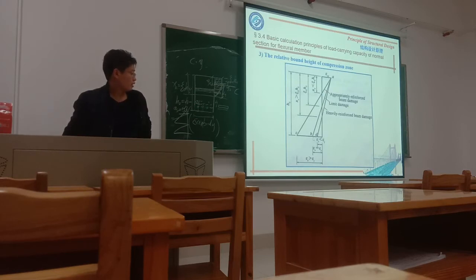The compression height x is smaller than the boundary height. For the AC line, it's appropriate reinforcement.